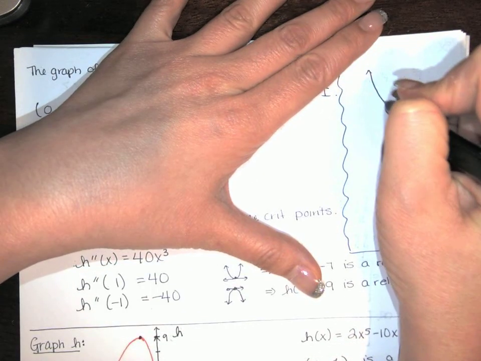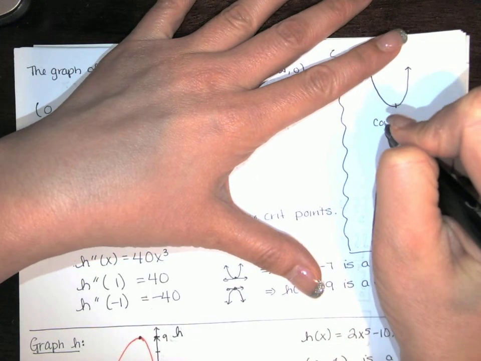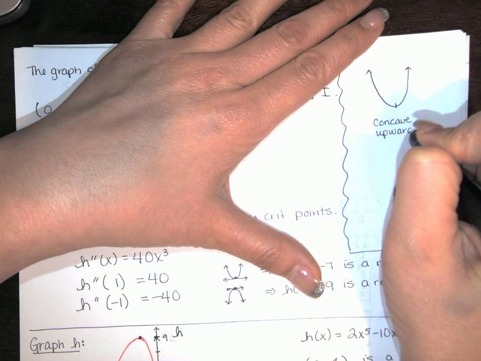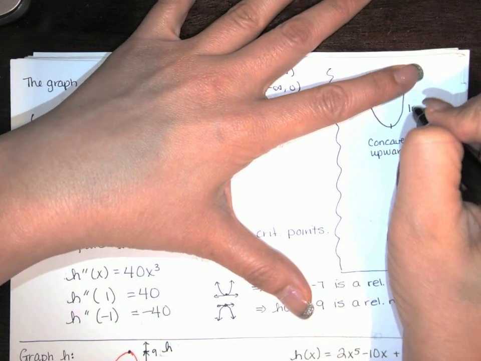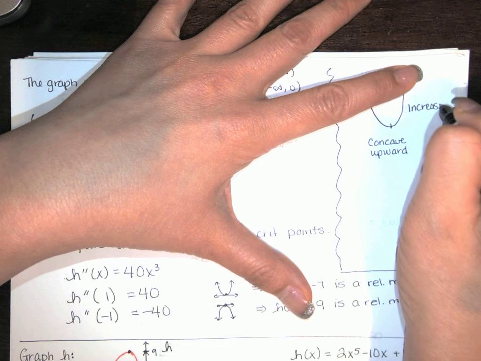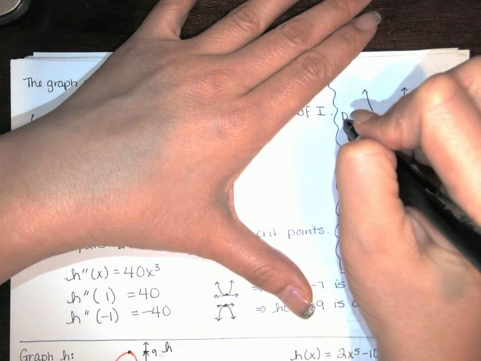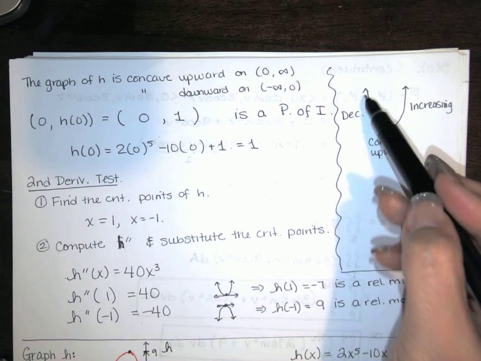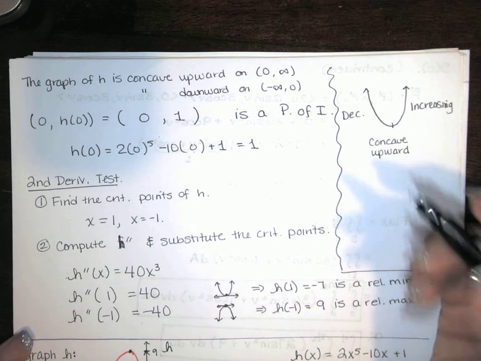If my graph looks like this, it is concave upward. On this side, the slope is positive, so it's increasing in concave upward. On this side, the slopes are negative, so it's decreasing in concave upward.